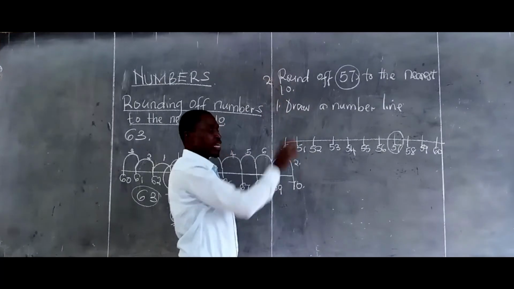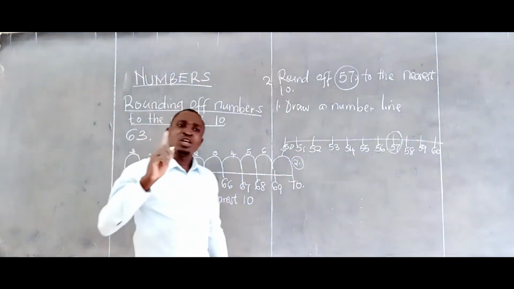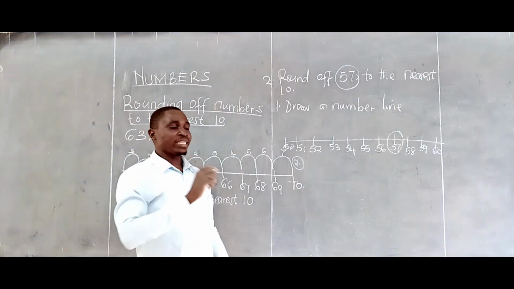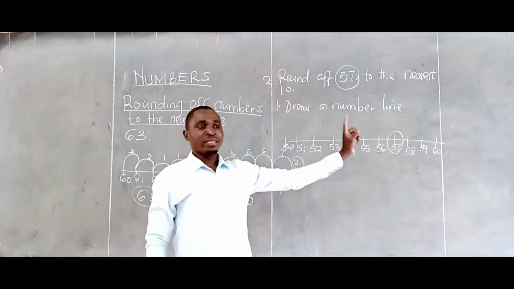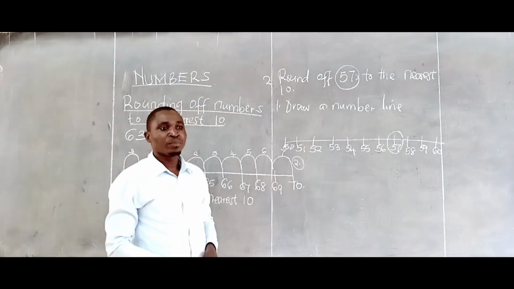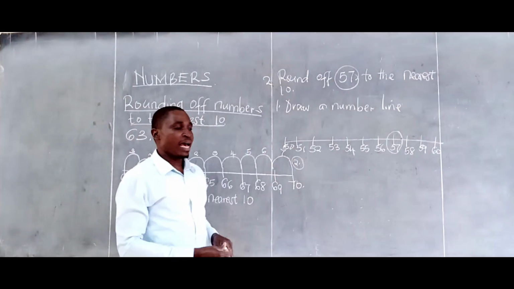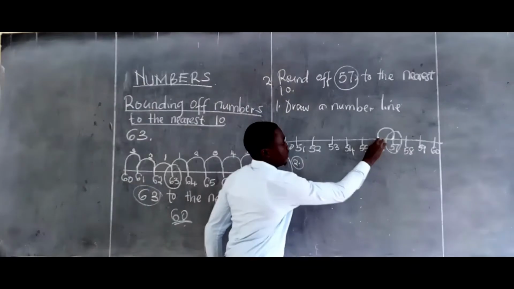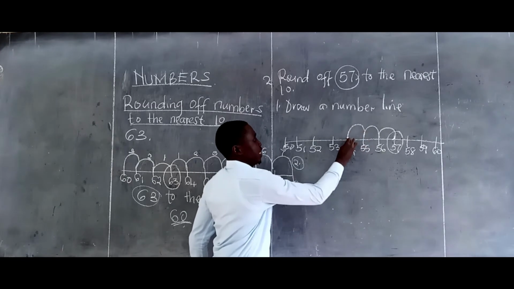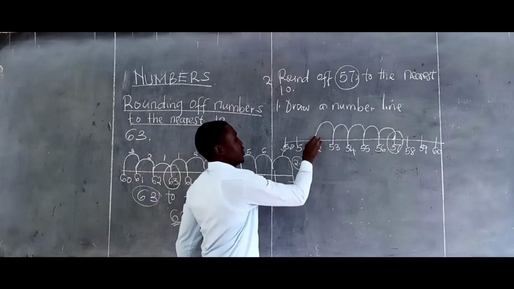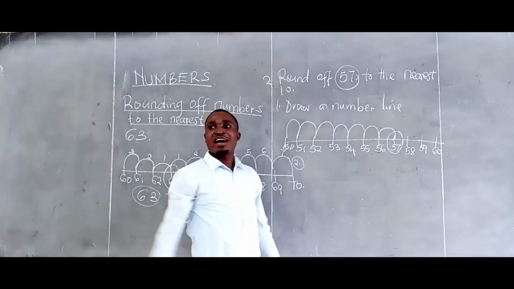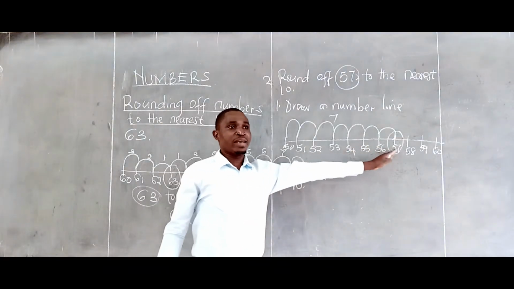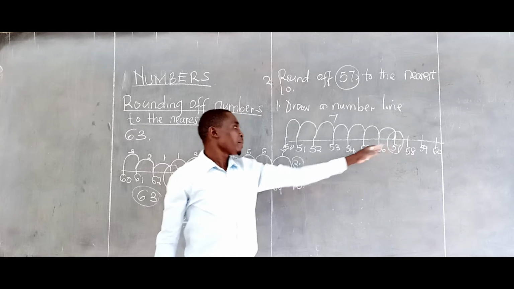Step number 2, here, we are going to count the intervals. Do it as I guide you in counting the intervals. Right away from number 57, coming behind. Here is our number 57. We have 7 intervals from our number 57 up to number 50.